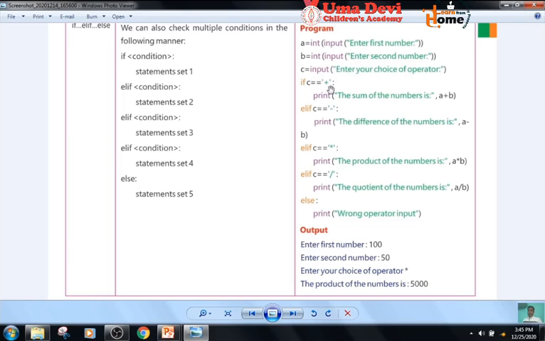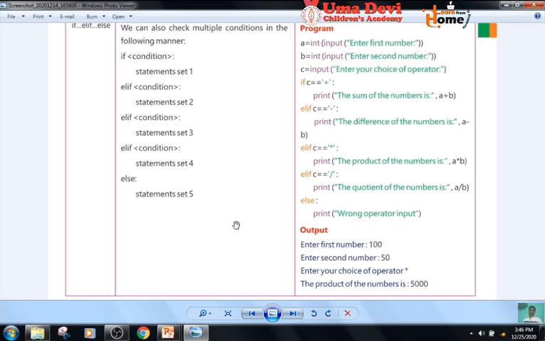Firstly we have given operator plus, so we will get the sum of the numbers A plus B. Then if we press minus, we will get the difference of the numbers A minus B. If we enter the operator multiply, we will get the product of A and B. If we give the operator of division, we will get the division of A and B, A divided by B. If we do not provide any of these four operators, we will get the message that a wrong operator is inputted. Wrong operator input.